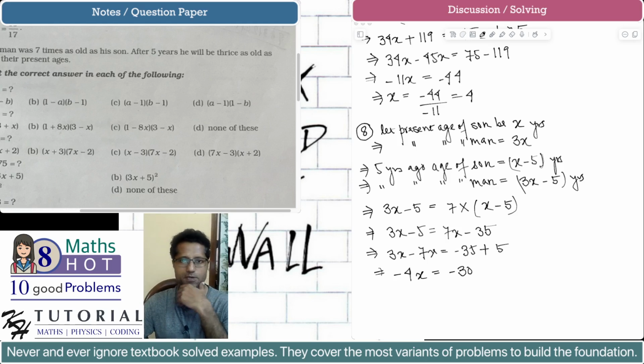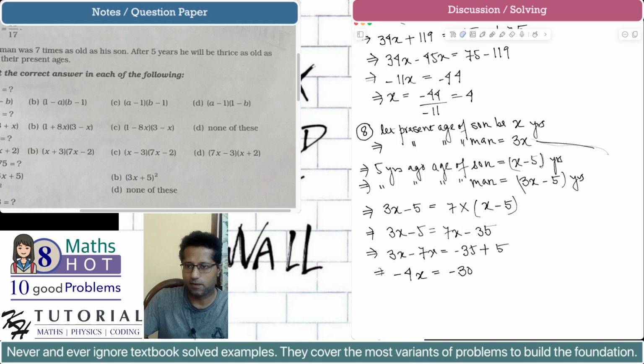After 5 years means after 5 years from the present time. After 5 years, he will be thrice as old as the son. So we have assumed the present age of the son to be x years. So okay, I have to do it again.